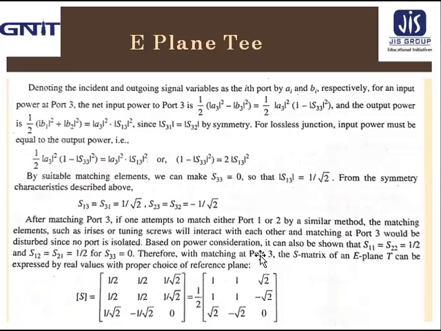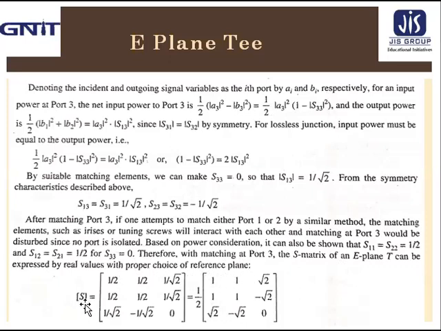Based on power consideration, it can also be shown that S11 equals S22 equals half, and also S12 equals S21 equals half, and S33 equals 0. Therefore, with matching at port 3, the S matrix of an E-plane T can be expressed by real values with proper choice of reference plane.